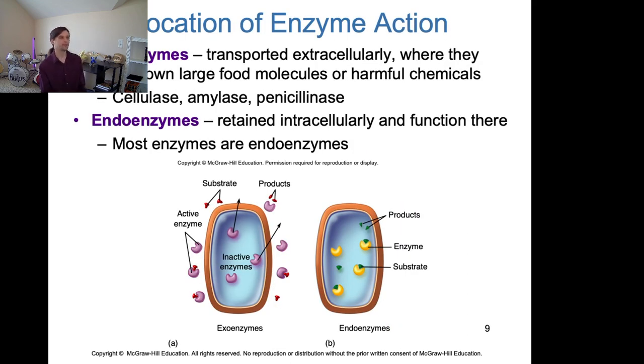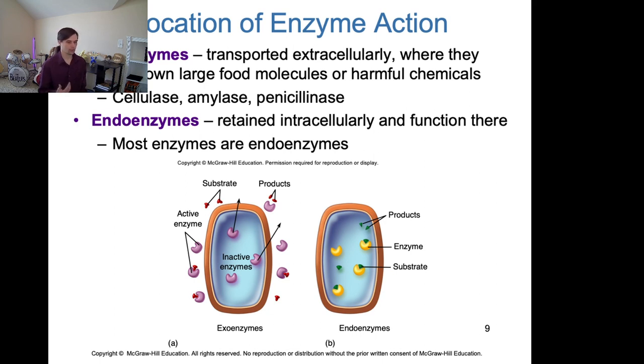Now there's two different types of enzymes when it comes to where they're used, inside of a cell or outside of a cell. The vast majority of enzymes that you find on the planet are going to be produced and used on the inside of a cell. The cell is going to produce them to make new DNA, make RNA polymerases and things like that.